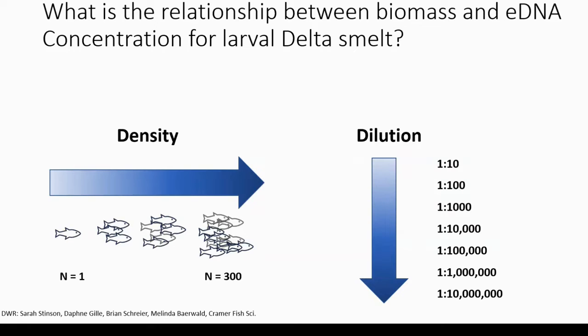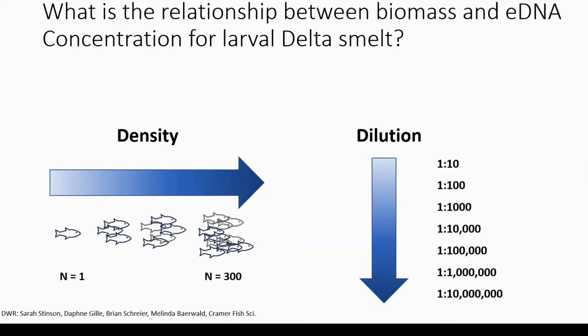Our question was, what is the relationship between biomass and eDNA concentration for delta smelt? So we conducted a laboratory experiment where we tried to find the lowest concentration of larval smelt eDNA that could be detected under ideal conditions.